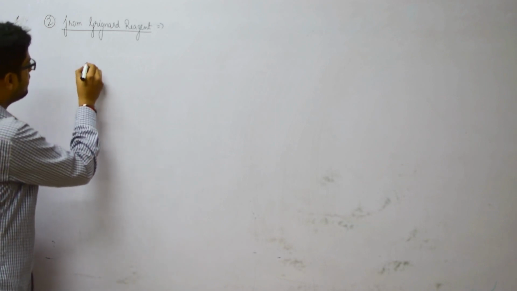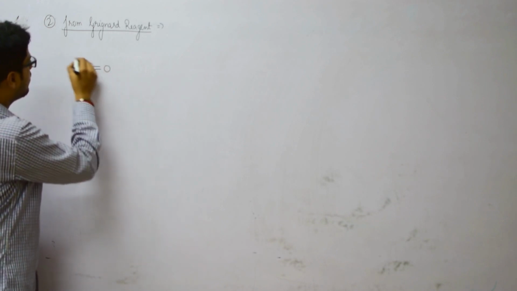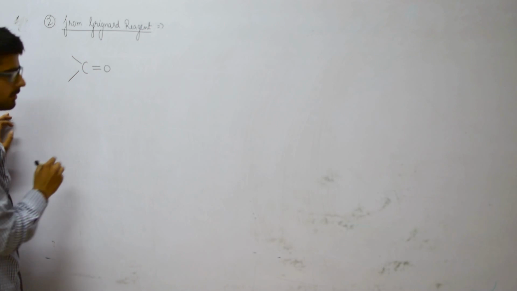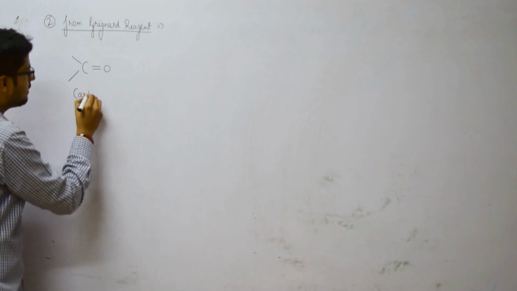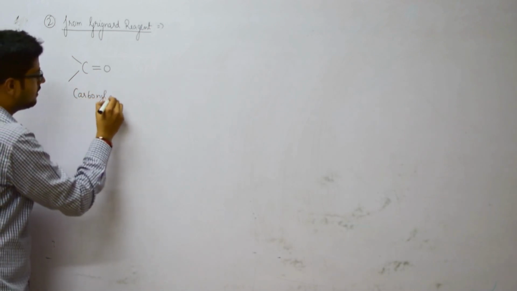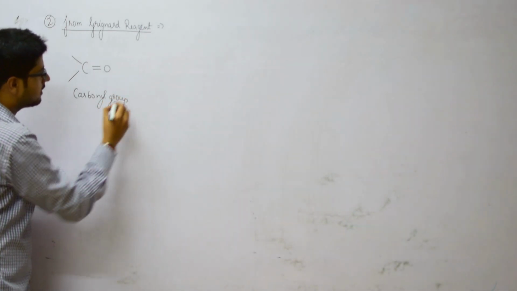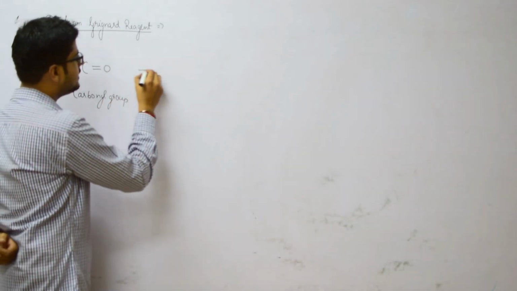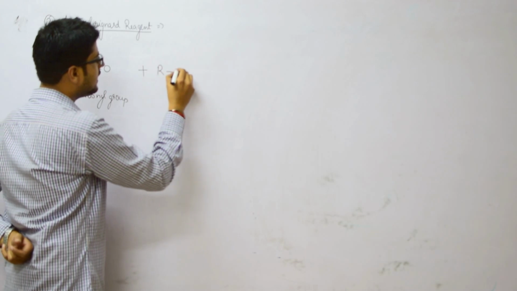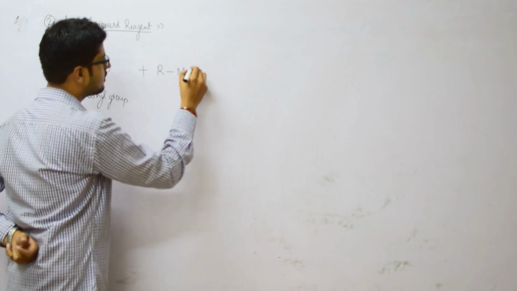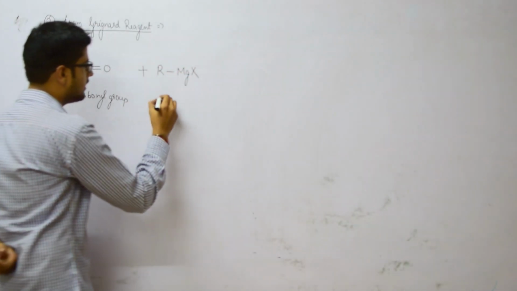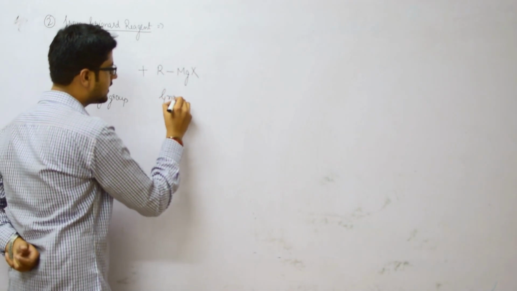Like if this is our carbonyl group, or carbonyl carbon atom containing double bond. So this is our carbonyl group. Fine. When this is treated with RMgX, this is our Grignard reagent, general form of Grignard reagent.